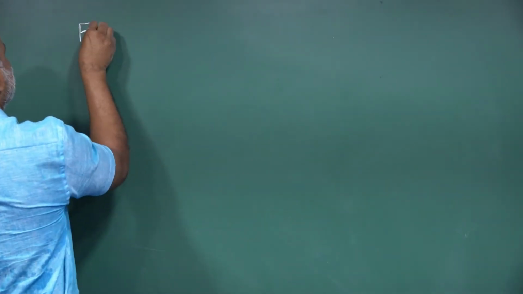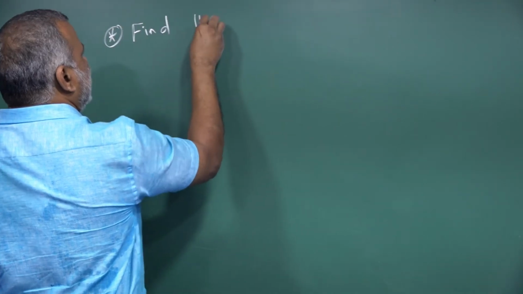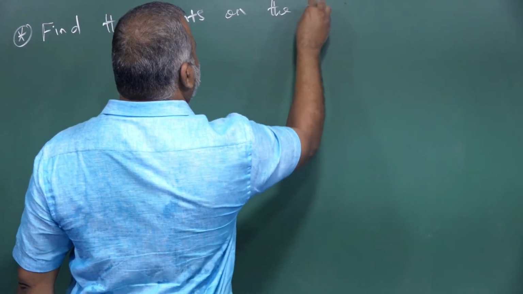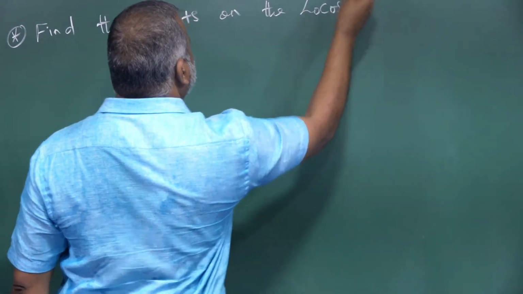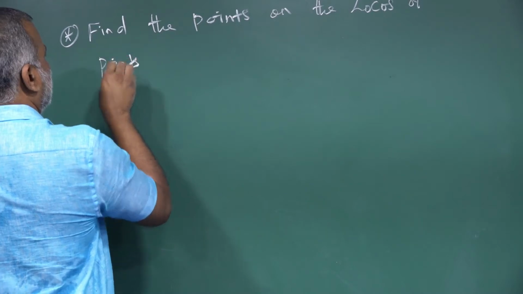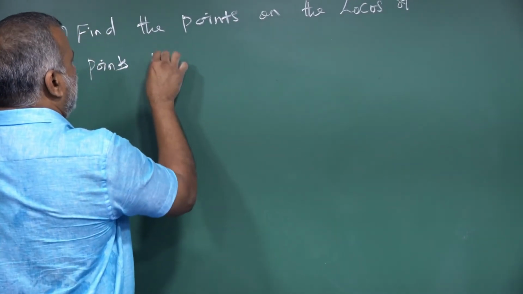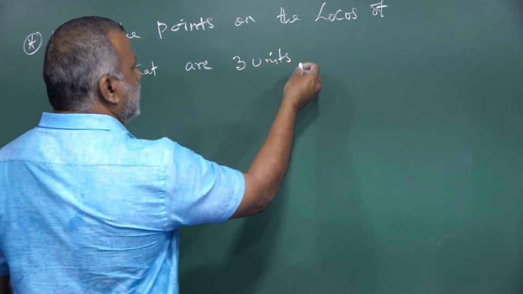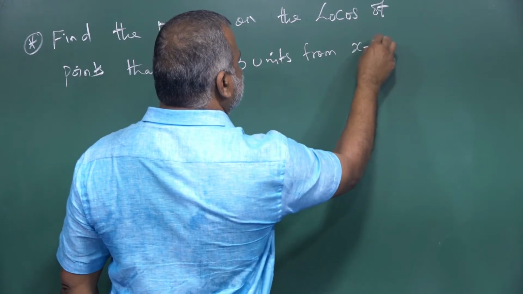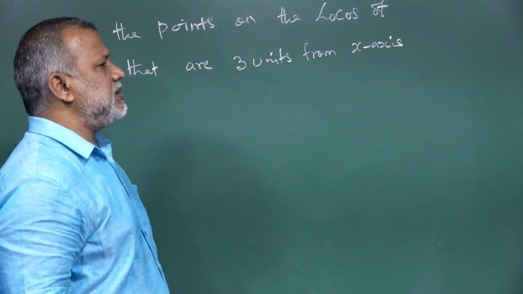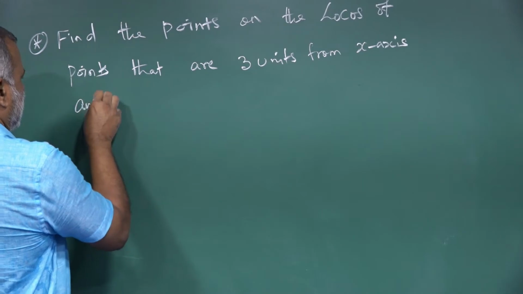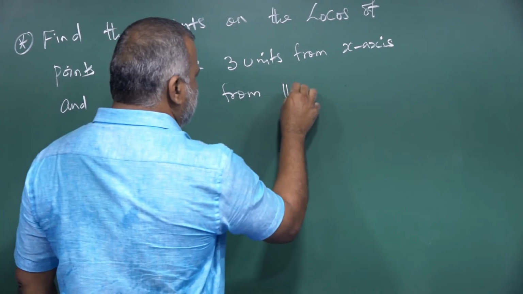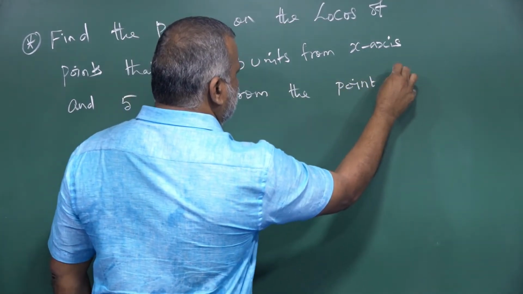Find the points on the locus of points that are 3 units from the x-axis and 5 units from the point (5, 1).